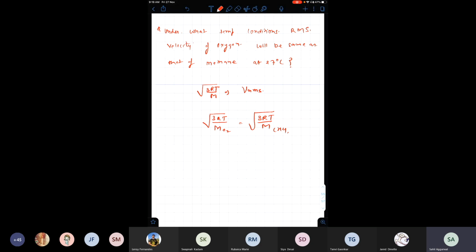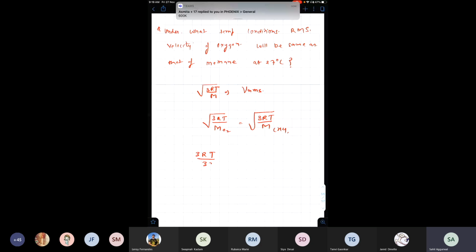Squaring both sides, we will get 3RT, which is 300.